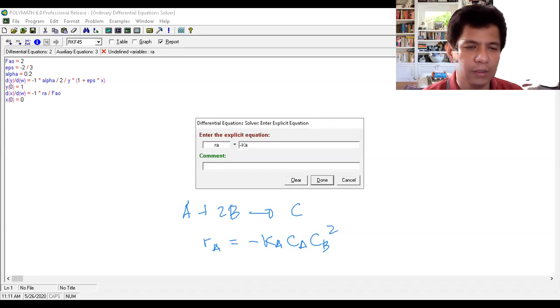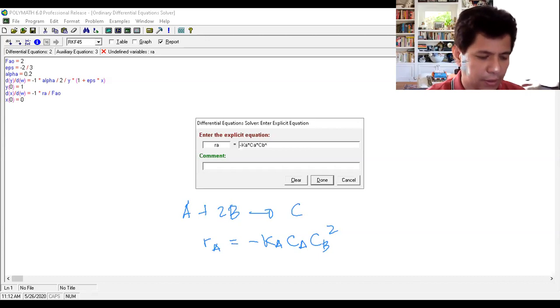It is the constant. Then times CA. I use capital C. Okay, I'm not using any CA yet. I use capital CA times capital CB, and then squared. In order to enter squared, you just use the caret.